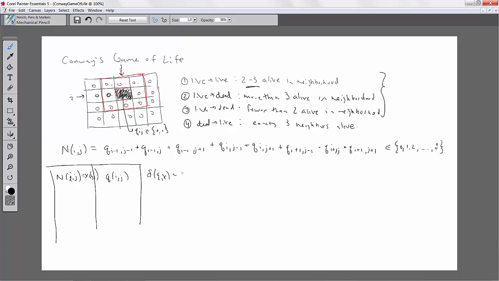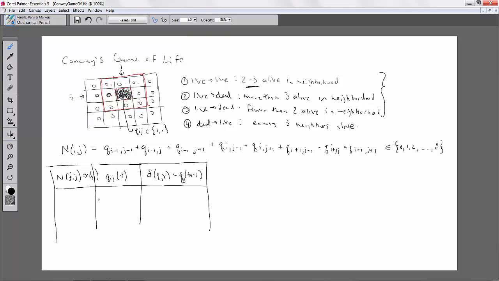Delta of q and x gives q at the next time step. I have to be a little careful here with my notation. This should be q sub ij at time t, and this would be q sub ij at time t plus 1.